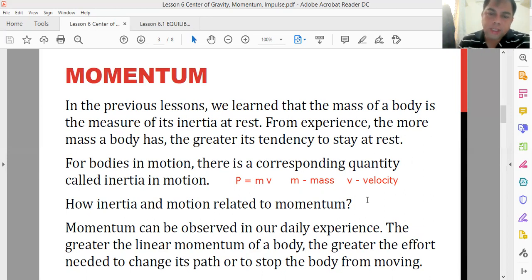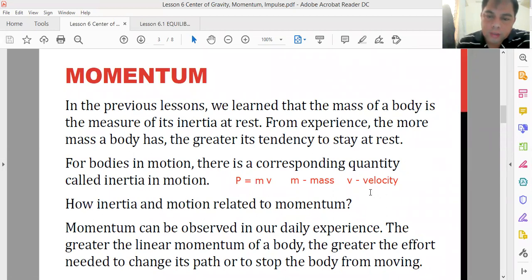If the body is big, its momentum is likewise big by virtue of its mass. If the body is traveling at a high speed, even though its mass is small, its momentum will also be large.